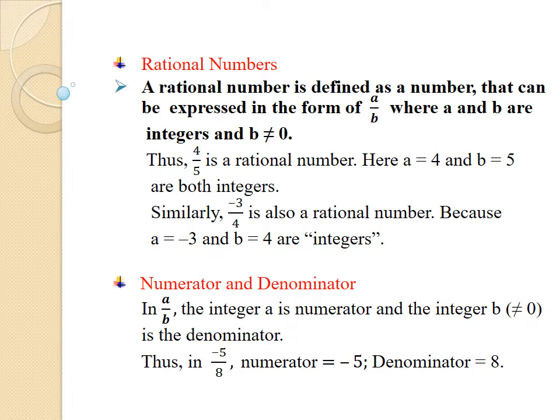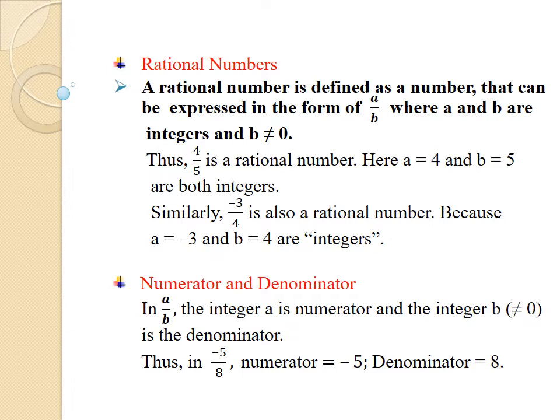Students, note that a fraction is a rational number, but a rational number may or may not be a fraction. Thus, we can say that every natural number is a rational number.